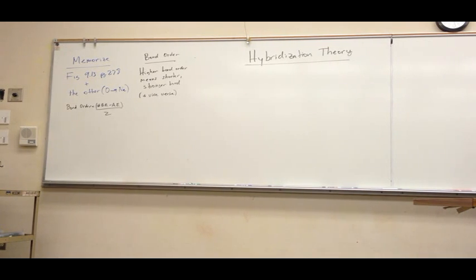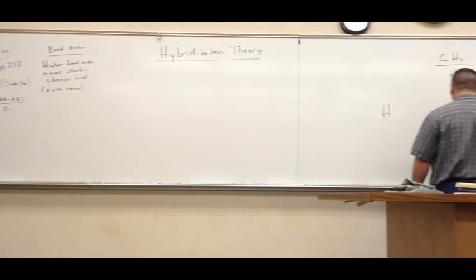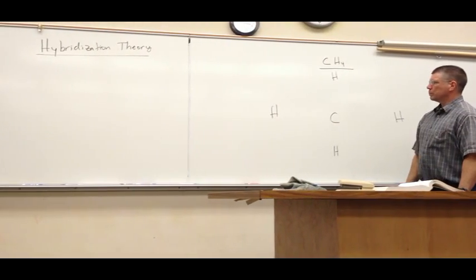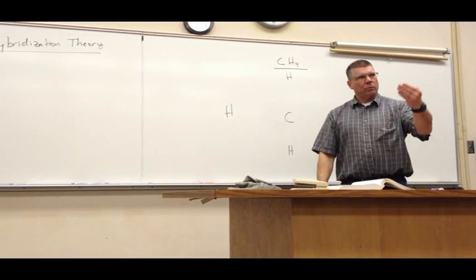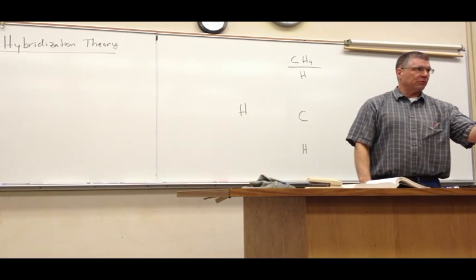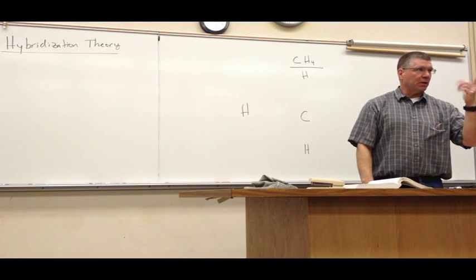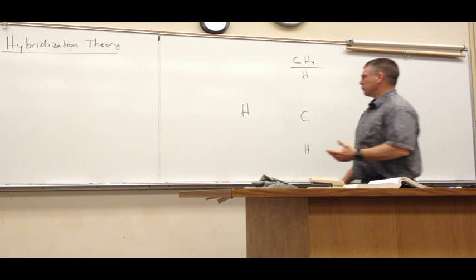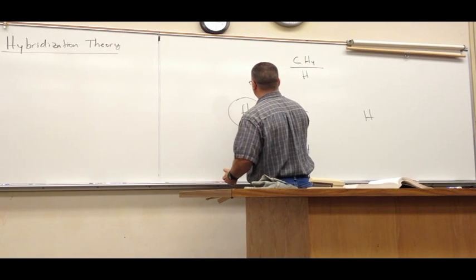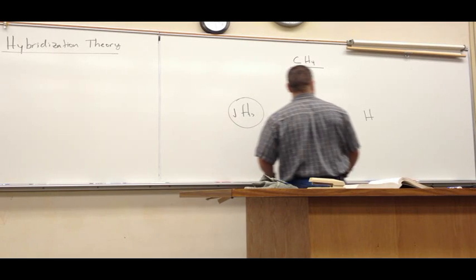Take methane, for example: a carbon atom and 4 hydrogens. If we look at where the valence electrons are in each of these atoms before they form any bonds, each hydrogen atom comes with 1 electron in a 1s orbital, which is a sphere.